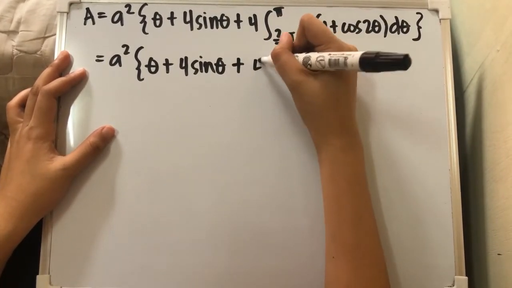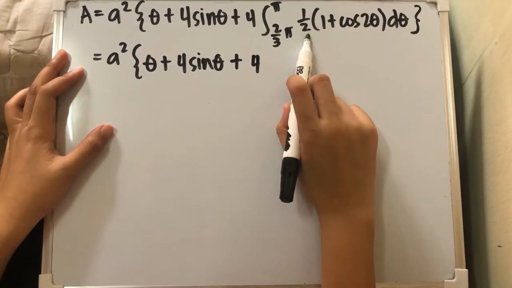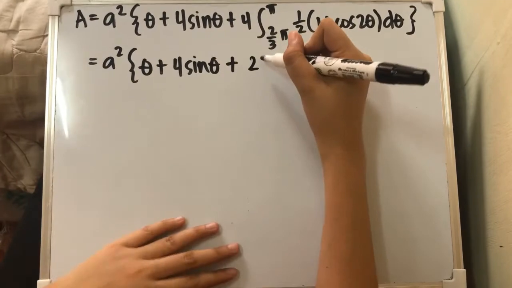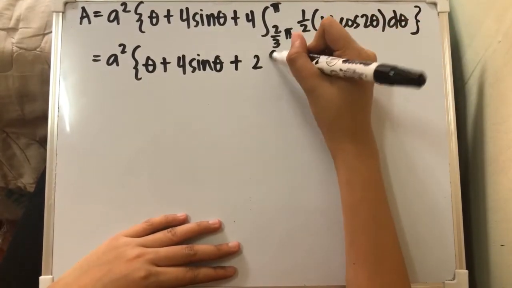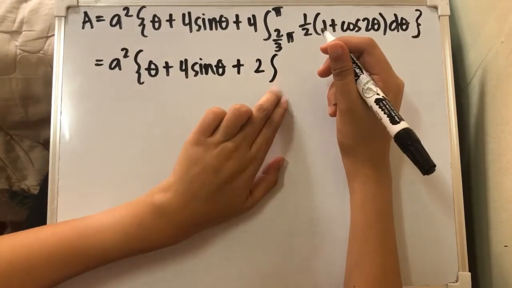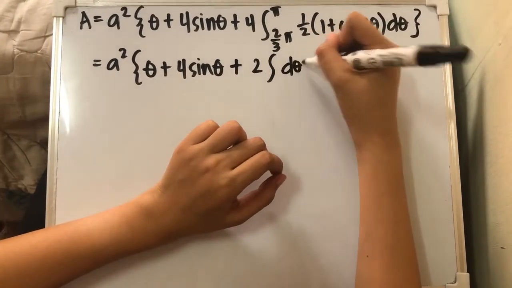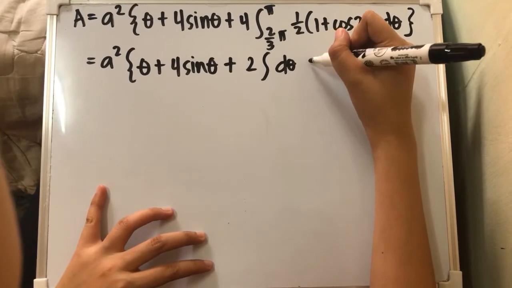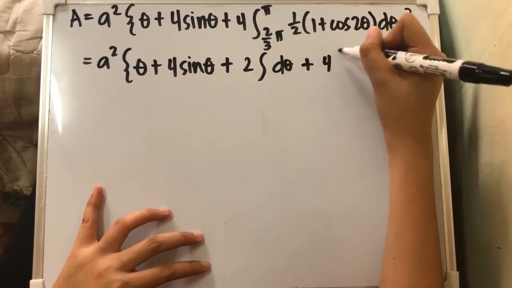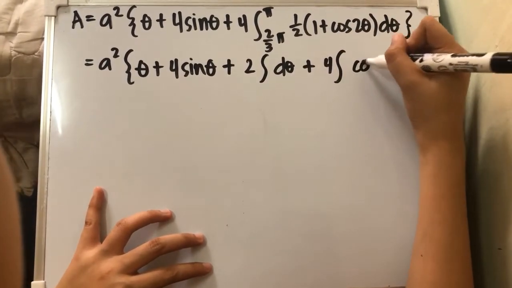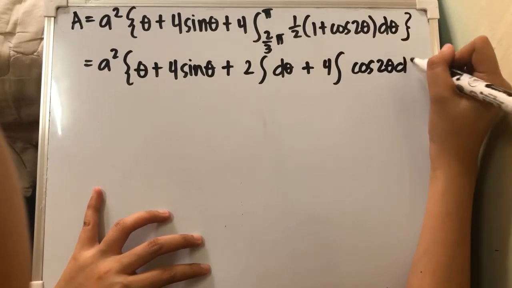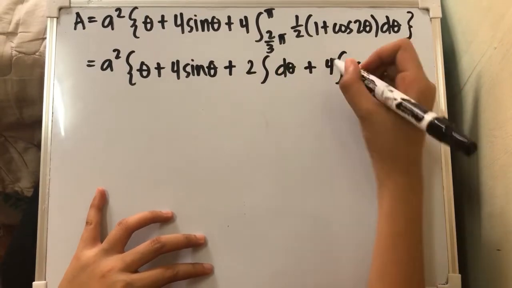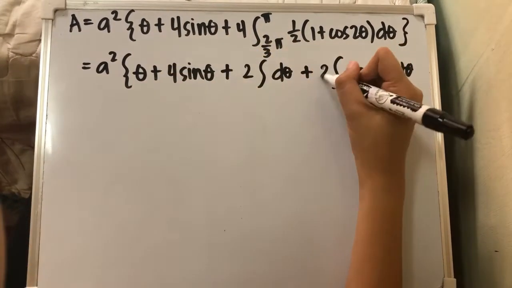Now integrating this part, we have a squared theta plus 4 sine theta plus 4 times 1/2, that is just 2, integral of d theta, and of course the limits here. And then we have also 4 integral of cosine 2 theta d theta. No, I'm sorry, 4 times 1/2, so we have 2.